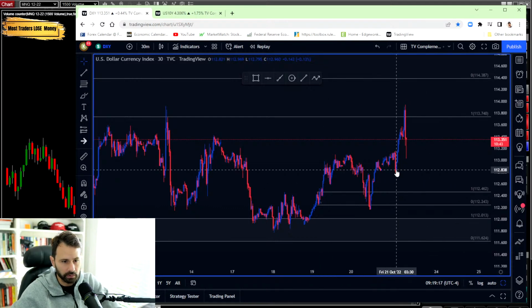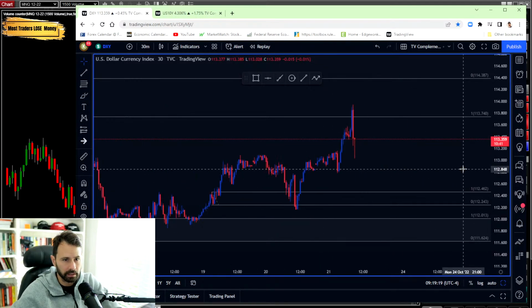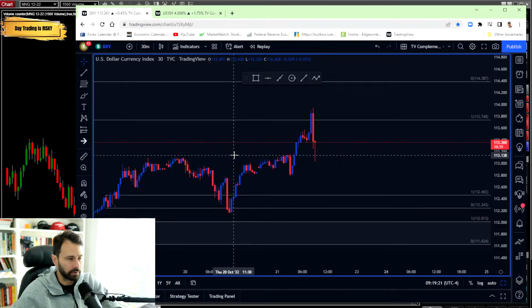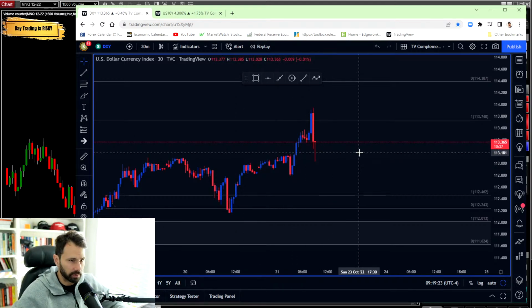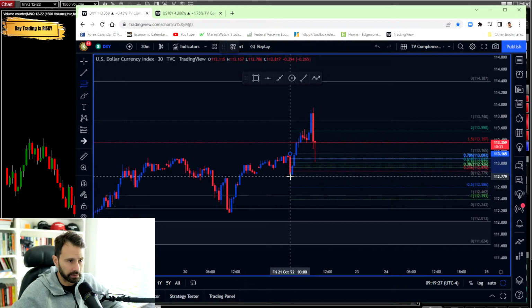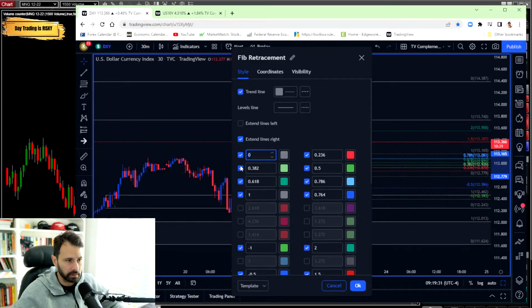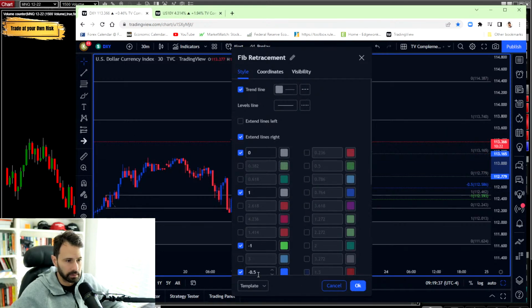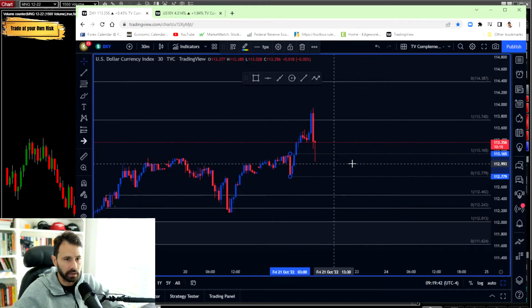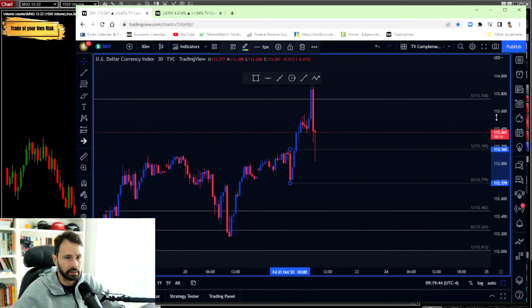What I want to see is where I should be accounting for the turnaround or the continuation for the day. This is the London Open right here. Let me get rid of these lines. We have this demand right here.